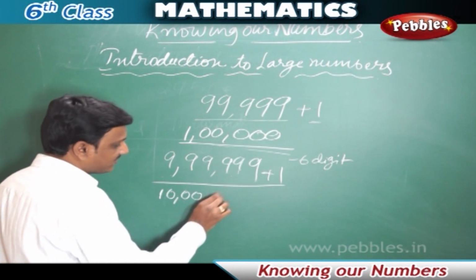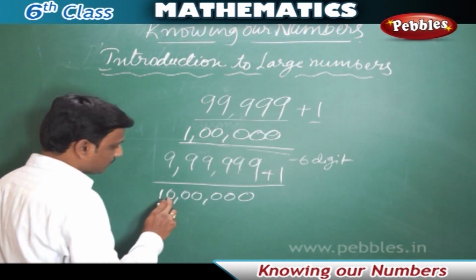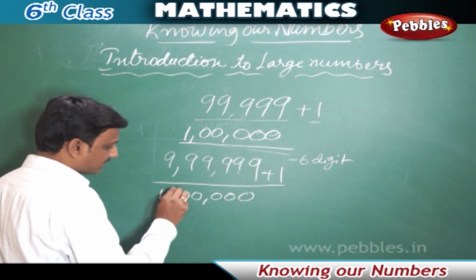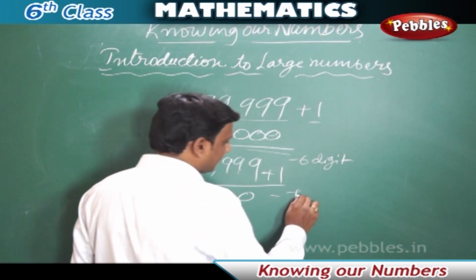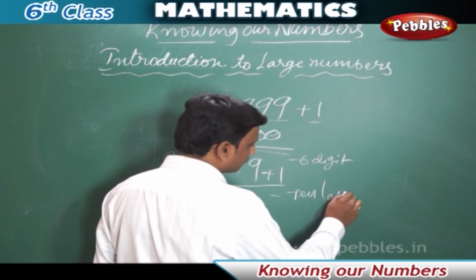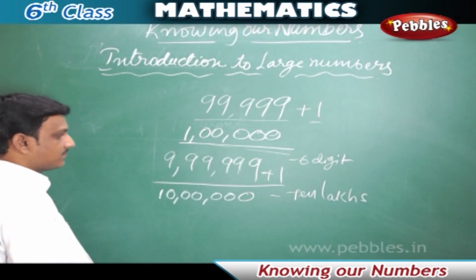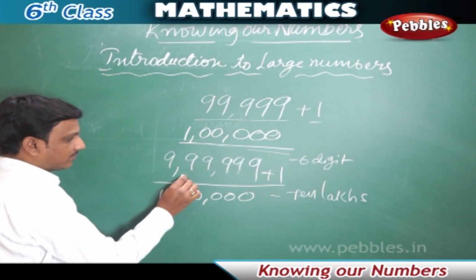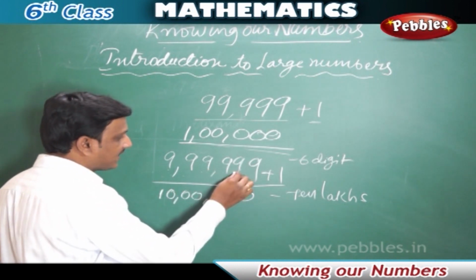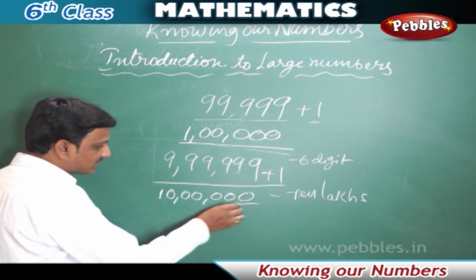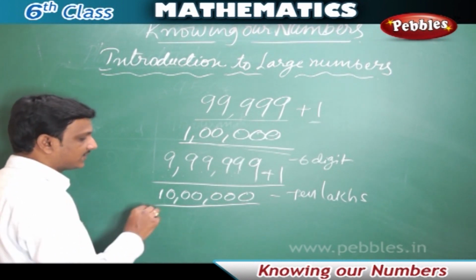So what is the 7-digit number? 1, 2, 3, 4, 5, 6, 7. So this is 10 lakhs. By adding 1 to the biggest 6-digit number, 9,99,999, it becomes the smallest 7-digit number, that is 10 lakhs.